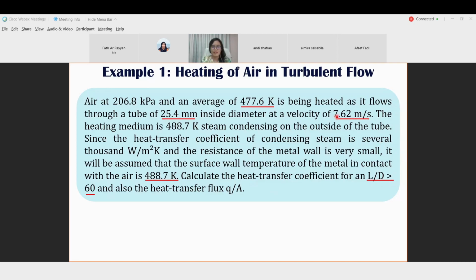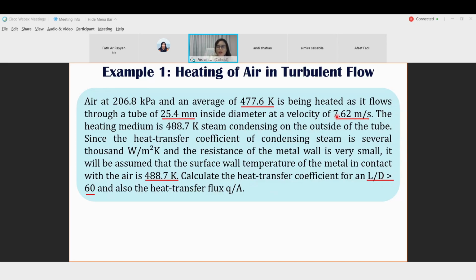Okay, actually, if you recall from the previous class, length over diameter more than 60 means a fully developed flow inside the tube. If it's less than that, usually there is some entrance region effect.